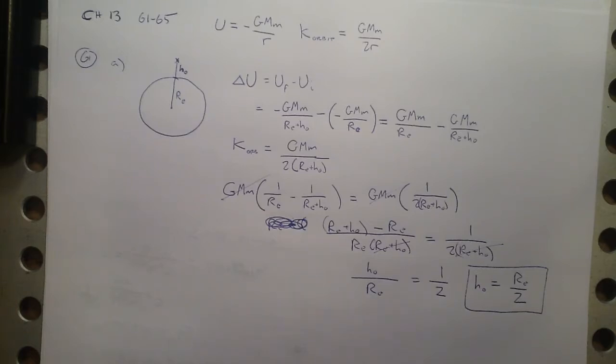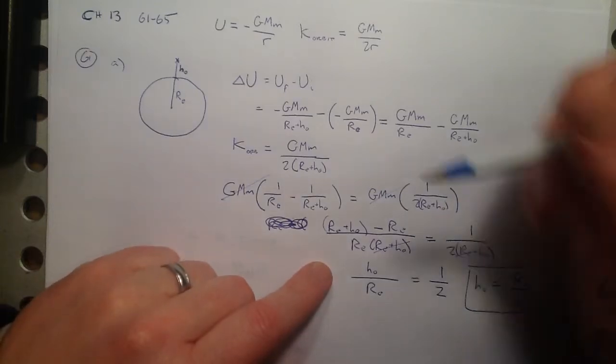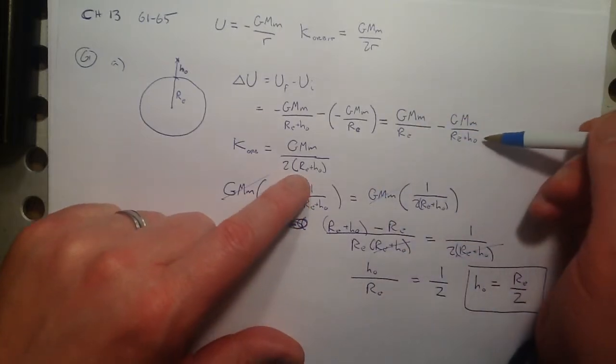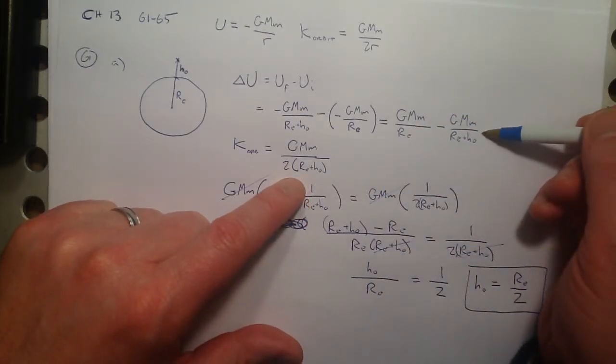And there you go. Part B, you've got to think about that a little bit. So what happens if we have to lift it to a height that's higher than this? How is that going to affect our answer? If h sub 0 is greater than R E over 2, then how is that going to affect these two things here?